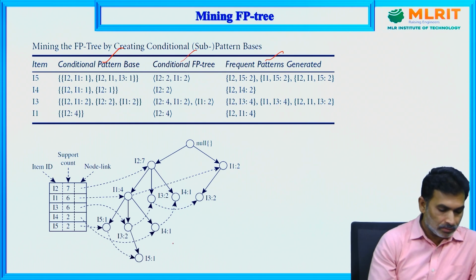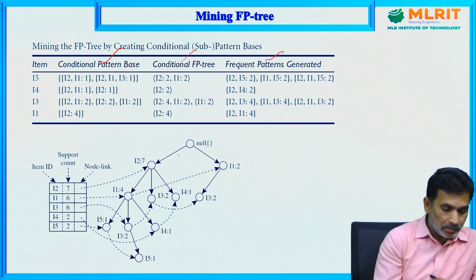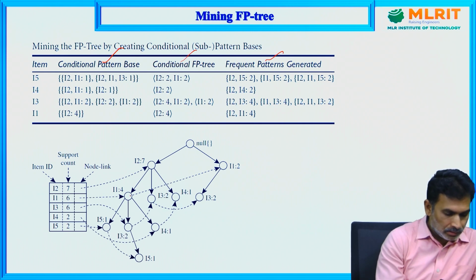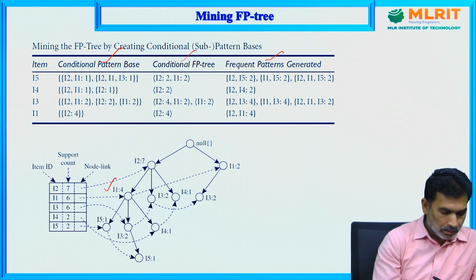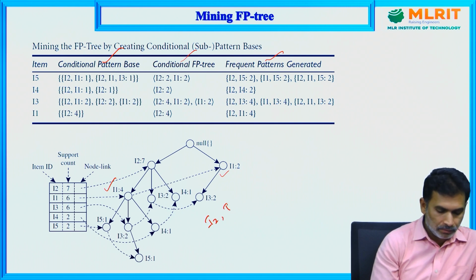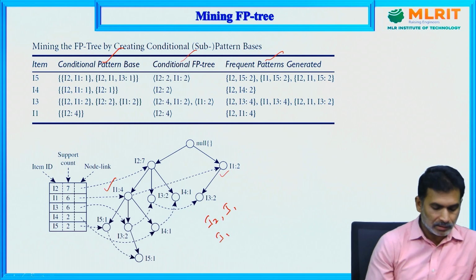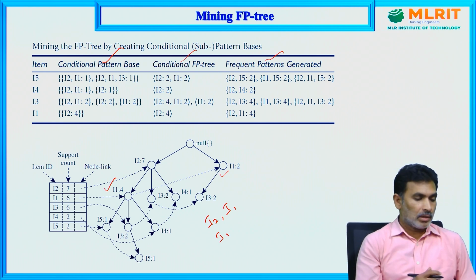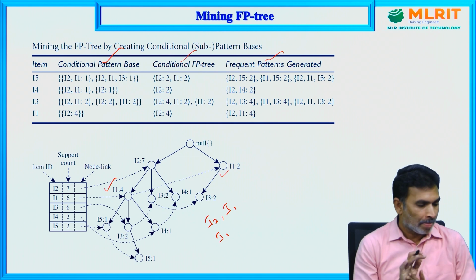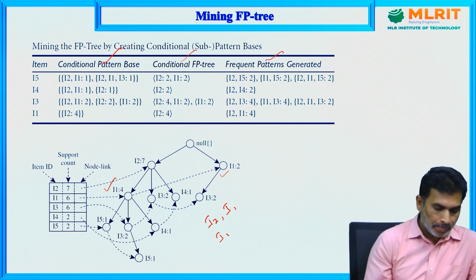At I1, the conditional pattern base consists of the paths. I2, I1 is one path, and I1 itself is another path with respect to this item I1.